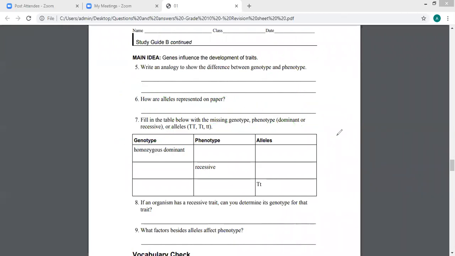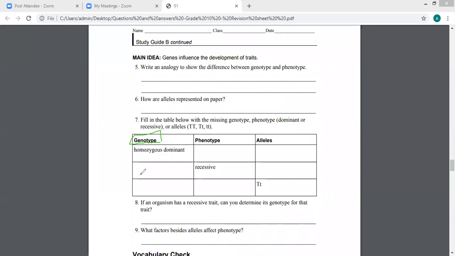Number seven, fill in the table below with the missing genotype and phenotype, dominant or recessive, for the alleles T capital T capital, T capital T small, T small T small. Firstly, genotype: homozygous dominant.